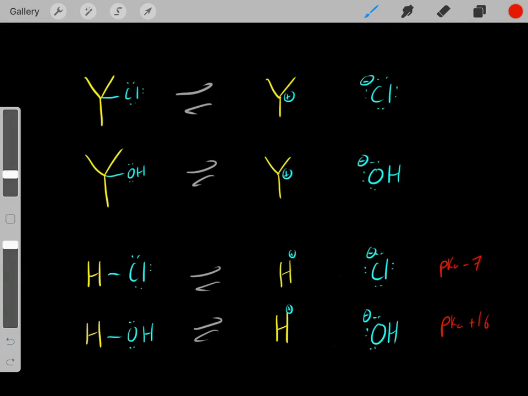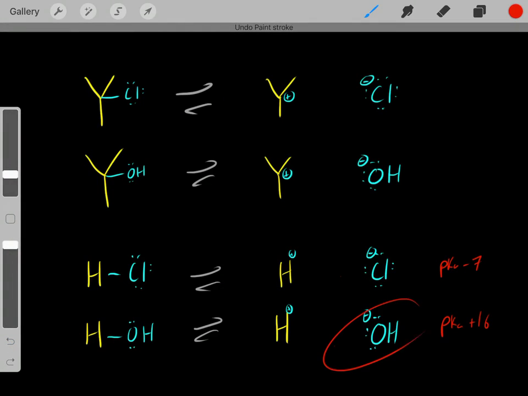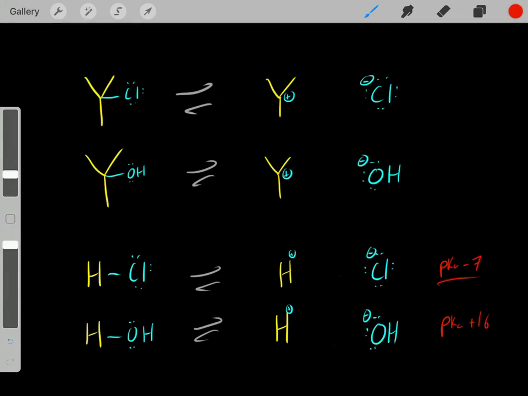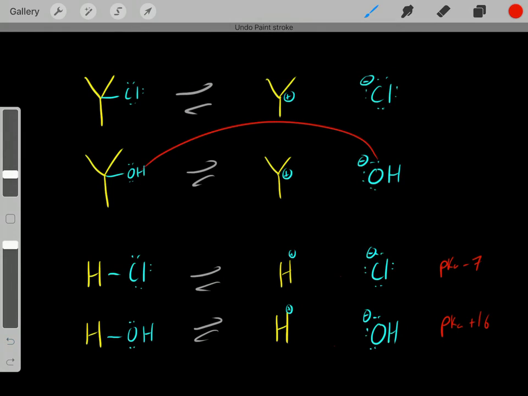So again, that's how you determine which one is a better leaving group. That's how you determine if chlorine is a better leaving group than hydroxyl. You just look at their analogous acids and see which one creates a more stable conjugate base based on the pKa's. And we know chloride is more stable than hydroxide, so therefore we know this chlorine is a better leaving group than this hydroxyl.